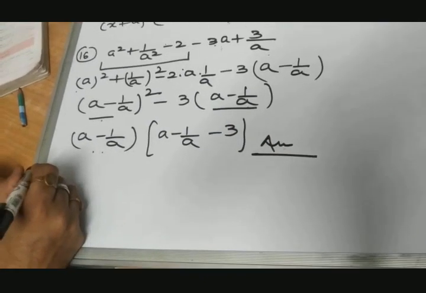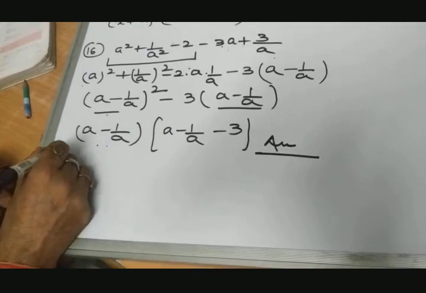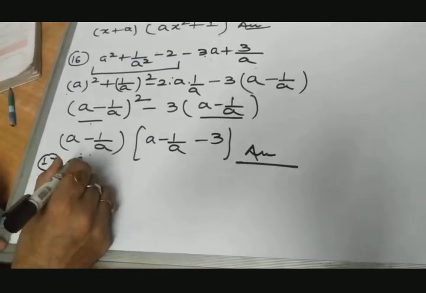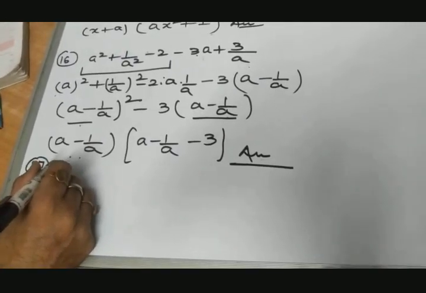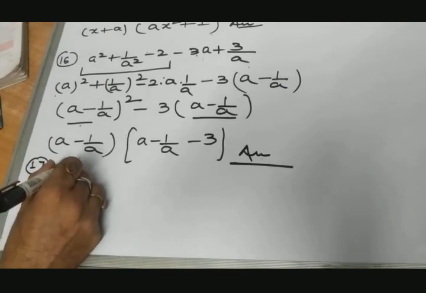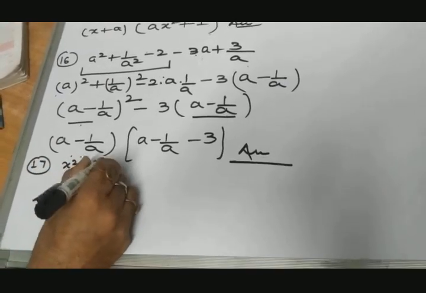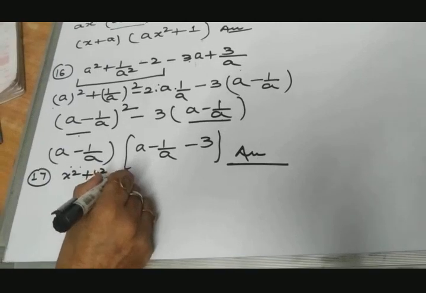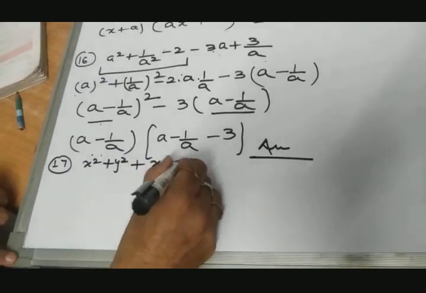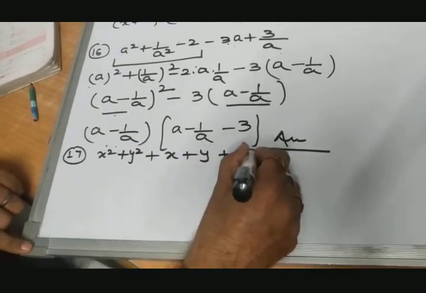Now we will discuss question number 17. 17 is x square plus y square plus x plus y plus 2xy.